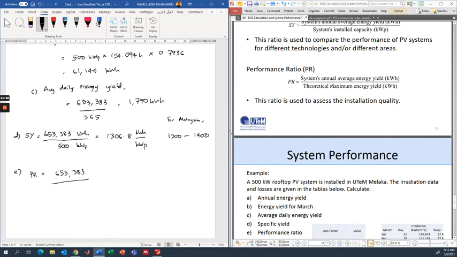The theoretical maximum is the ideal, ideal means without any losses. So that means it's 500 kilowatt peak, multiplied by 1646.0.631. This one is kilowatt hour.